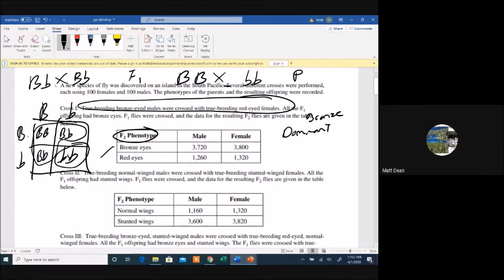So we're expecting a ratio of 3 bronze to 1 red, assuming it's autosomal. So let's look and see if that's what turns out in the F2.